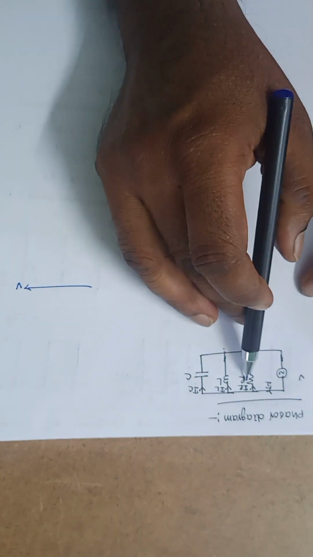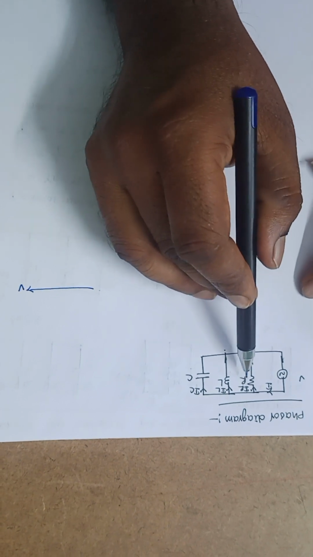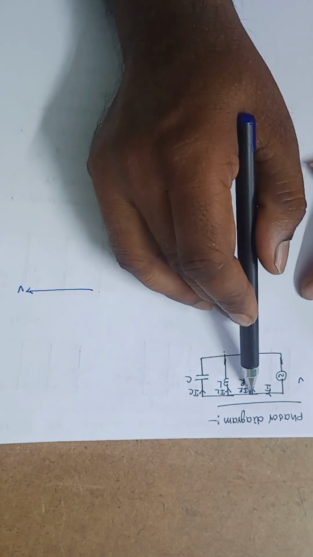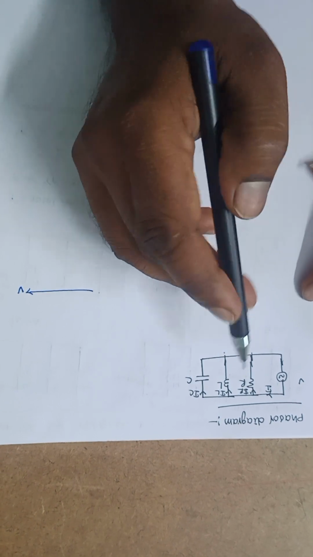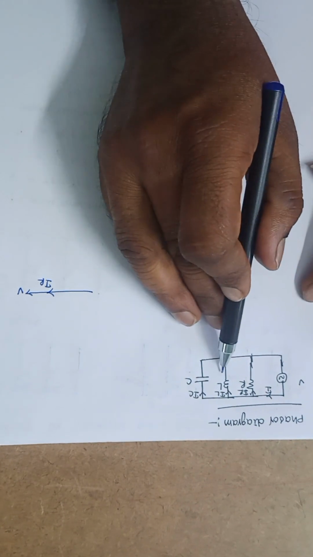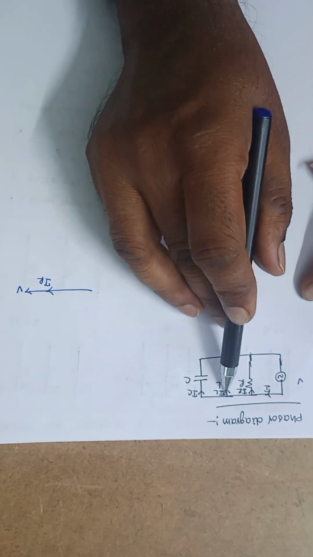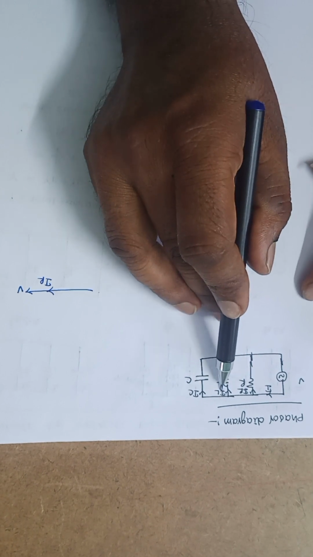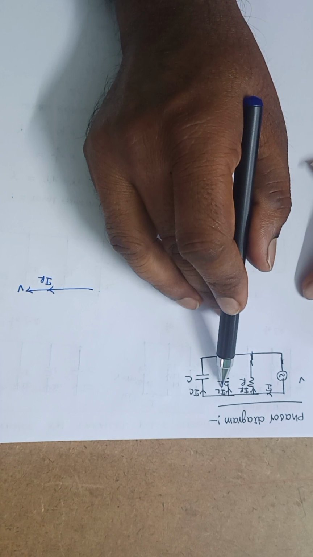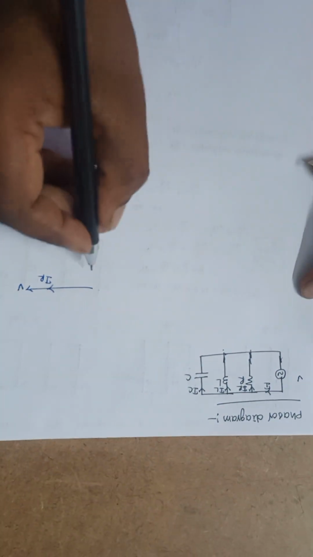Now, in a pure resistor, the current flowing through the resistance and the voltage across the resistance are in the same direction. So it is IR. In a pure inductor, the current lags the voltage. Here the voltage across the inductor is V, and the current flowing through the inductor is IL. The current through the inductor lags the voltage by an angle of 90 degrees.